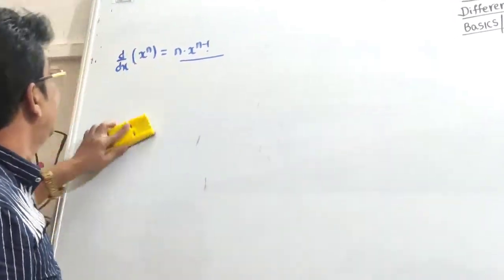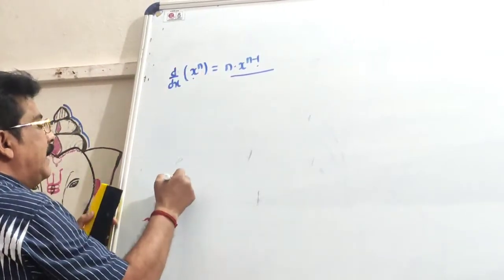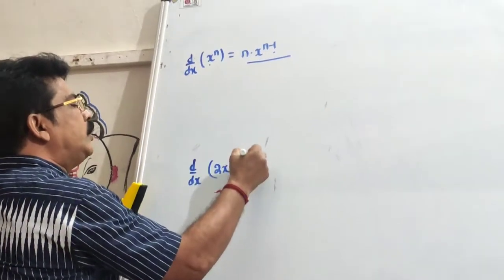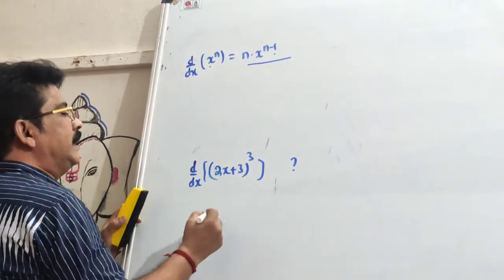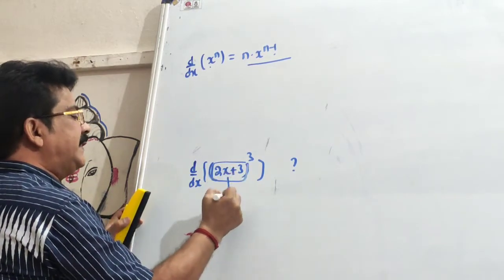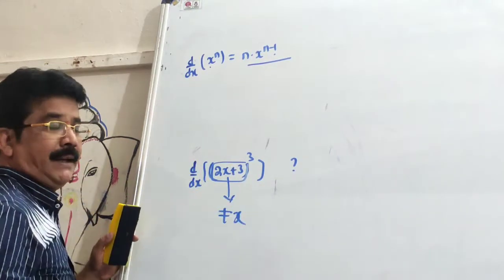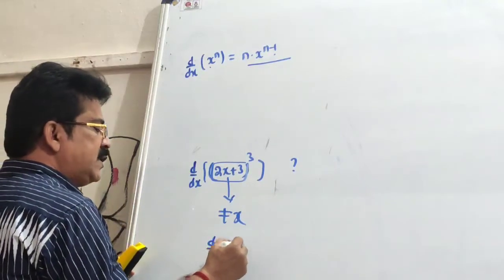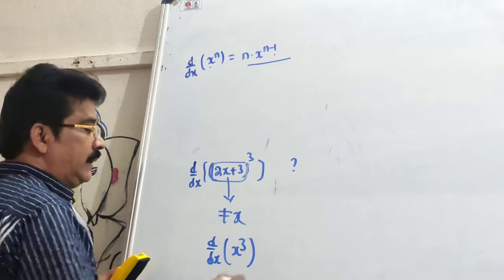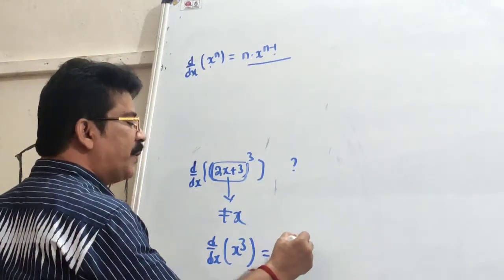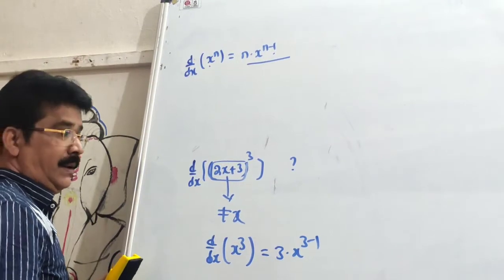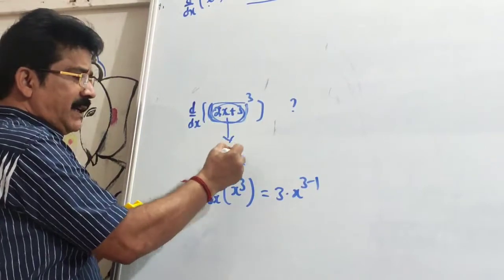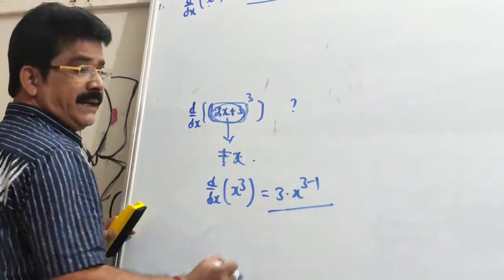If it were just x, we could write directly 3 into x to the power of 3 minus 1, and there ends the matter. But it is 2x plus 3, which is not equal to x, so we should not write like that.